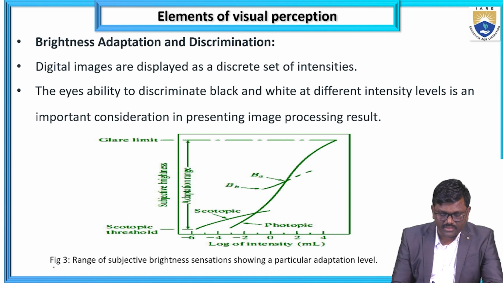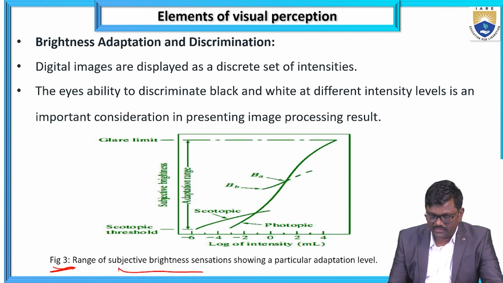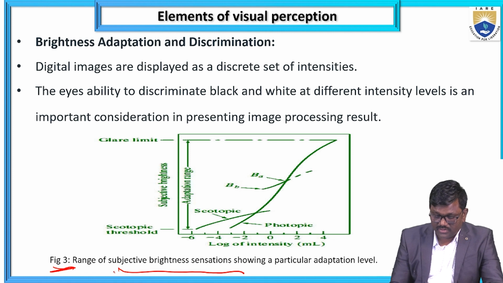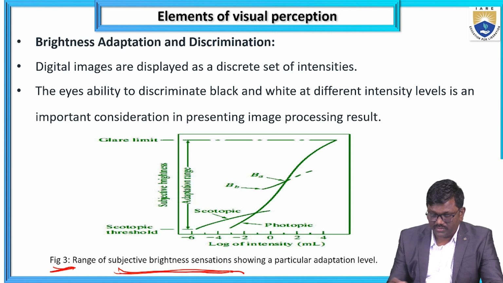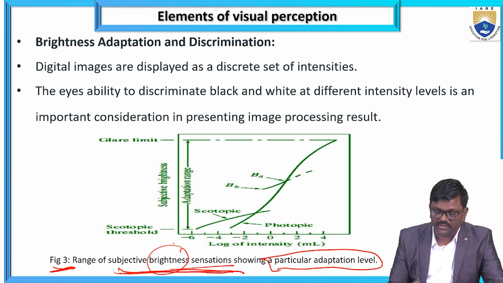So figure number 3 is the range of subjective brightness sensation showing a particular adaptation level. You see the levels are here.